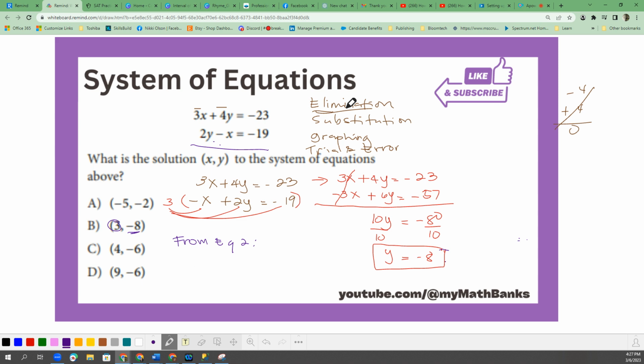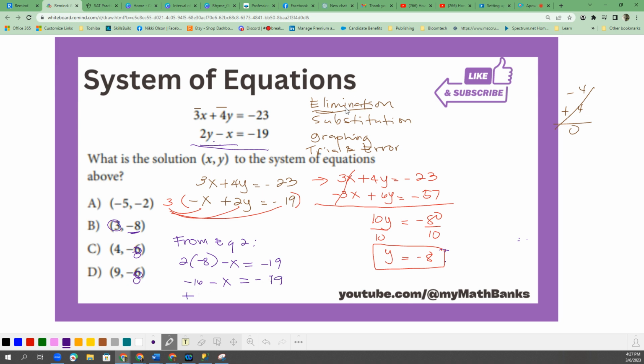Now, what if this is also negative 8 and this is also negative 8? So you have three possible x's. In that case, we have to solve this completely. Once you get your y, I'm going to choose equation 2. So I'm going to say 2 times negative 8 minus x equals negative 19. 2 times negative 8 is negative 16, minus x equals negative 19.